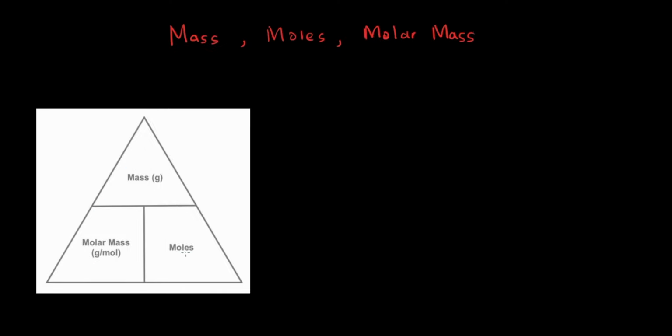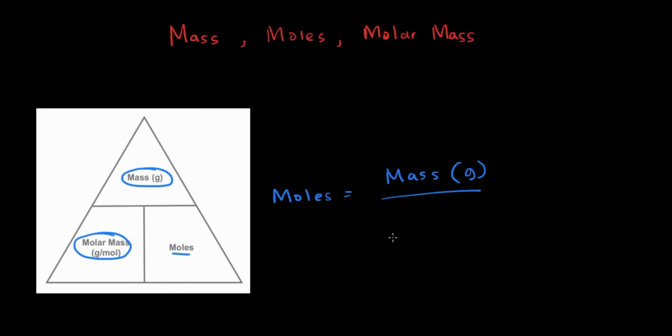For example, let's say I want to calculate the moles. Well, I need the mass and the molar mass. And this can be written as moles equals mass in grams over molar mass in grams per mole.